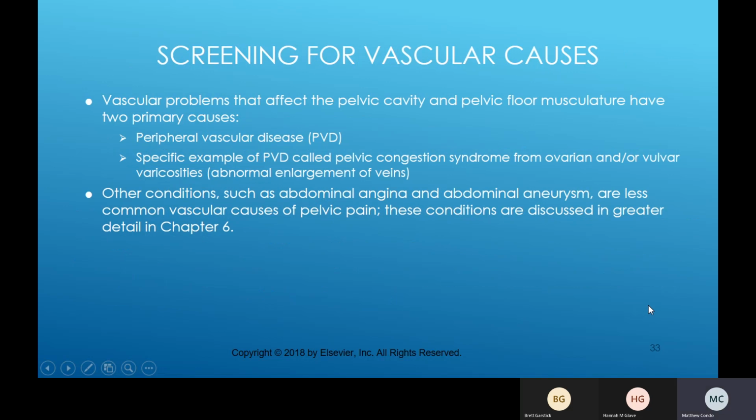When we get into peripheral vascular disease, we kind of covered this already with our low back or lumbar section. Peripheral vascular disease in terms of pelvic pain is specifically going to be pelvic congestion syndrome. And that could be an abnormal enlargement of veins or other associated vasculature around reproductive organs.